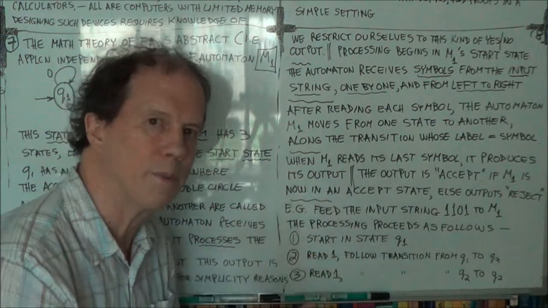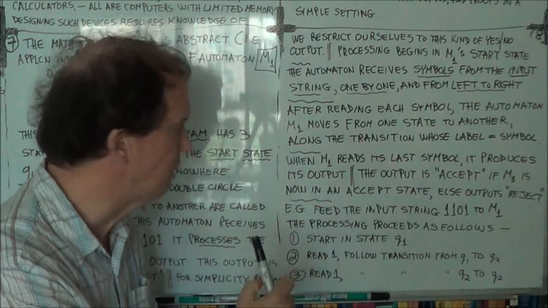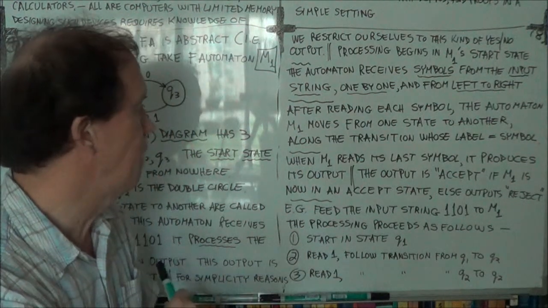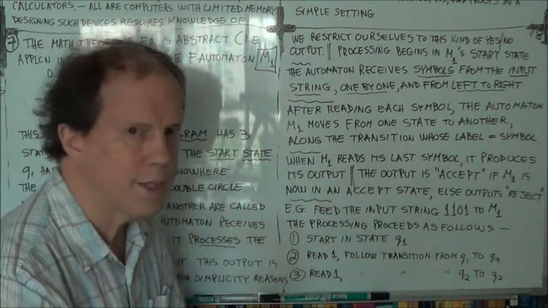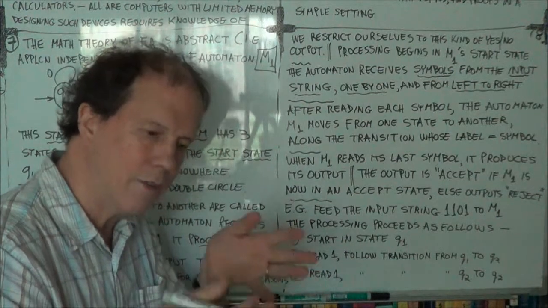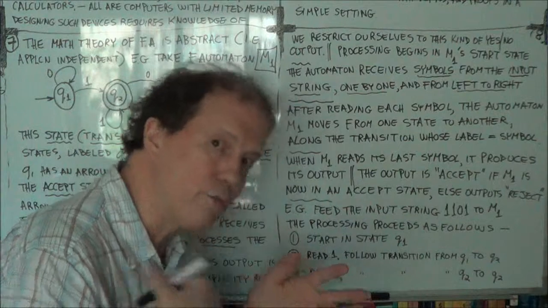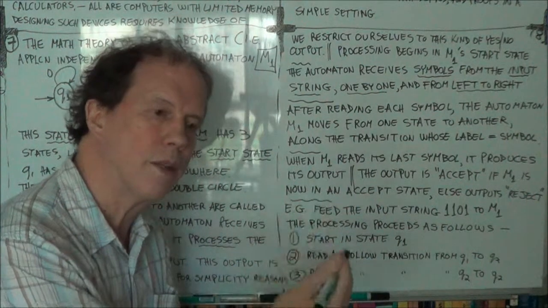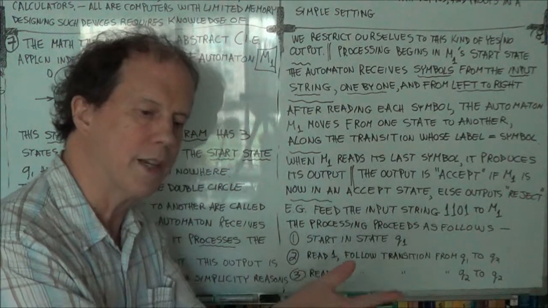Okay, hope that's clear. I hope it's starting to gel a bit, to crystallize. All right. Now, if the current state of your automaton, imagine it's read the whole string. It has read the last symbol in the string, and it's in a given state.